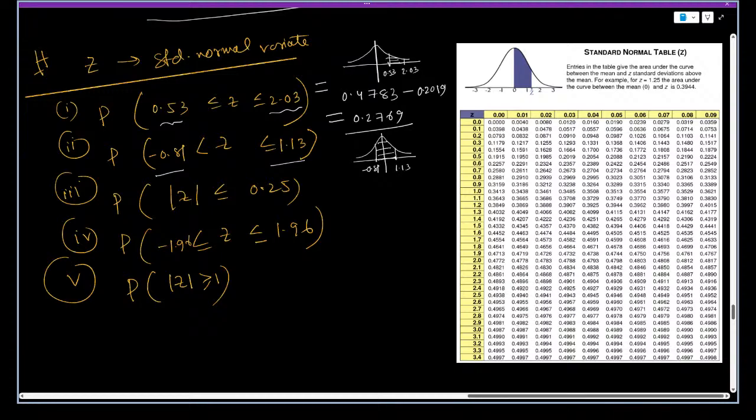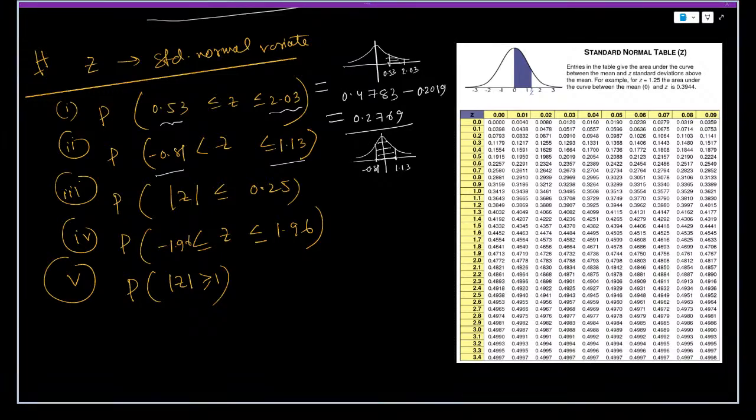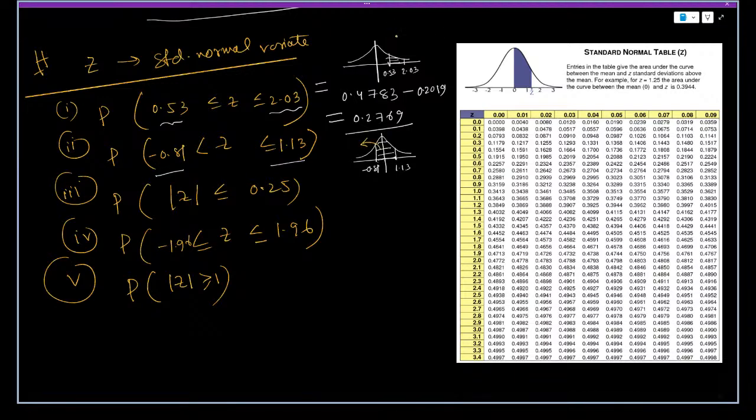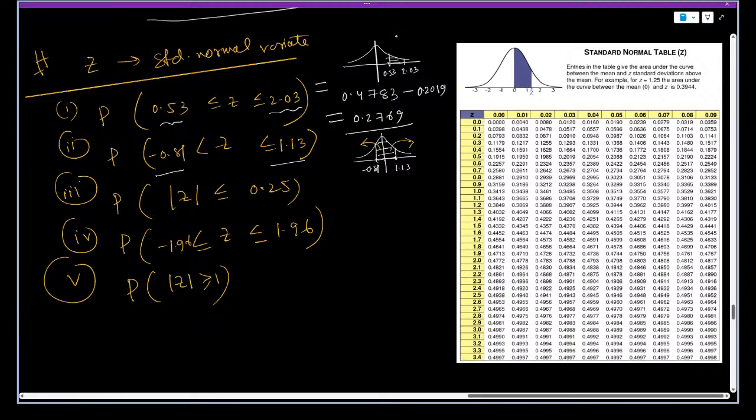So don't you think the area from minus 0.81 to 0 equals the area from 0 to 0.81? Am I correct? This area I will write as the area of this plus the area of this, but the area of this can be taken on the right side also, between 0 and 0.81.